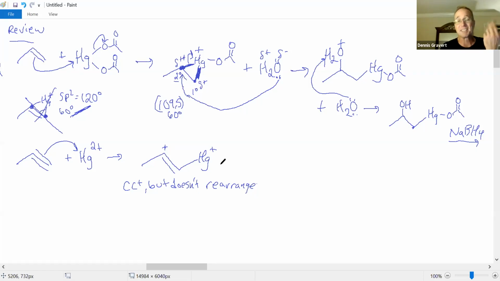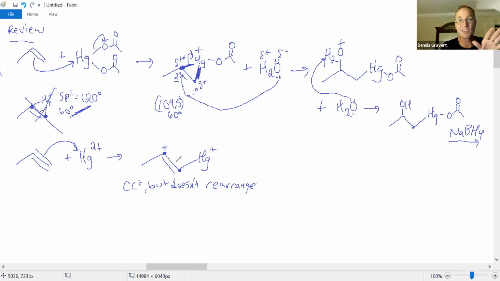Anyways, this is the mechanism. Why does the hydrogen go over here? It's to create the more stable carbocation. So if the mercury attached to this carbon, put the plus over here, this carbon's primary, whereas this one's secondary.